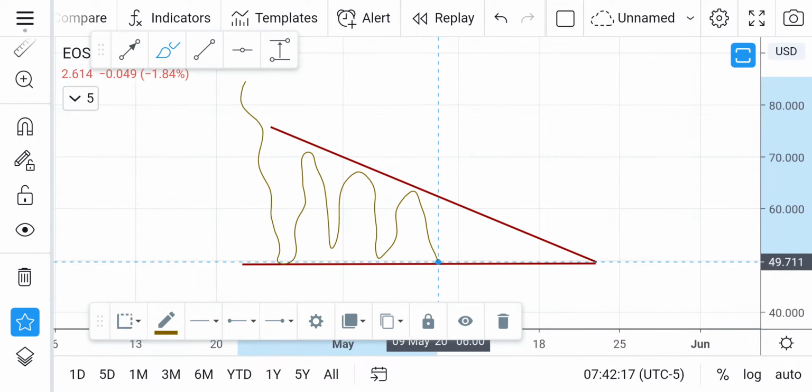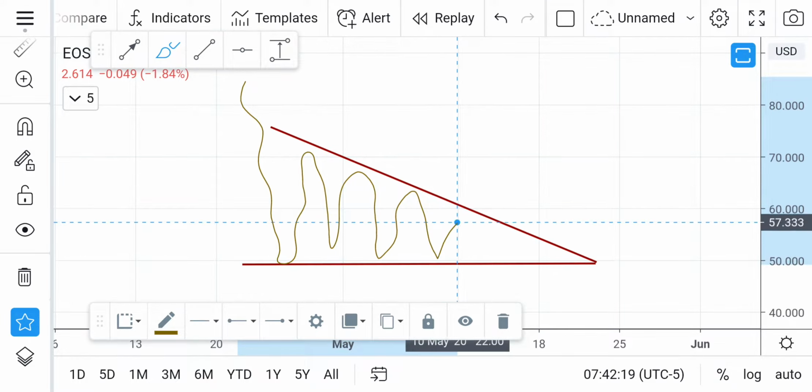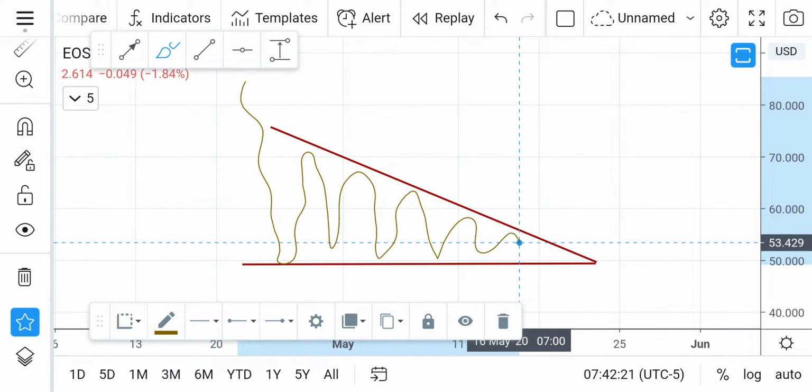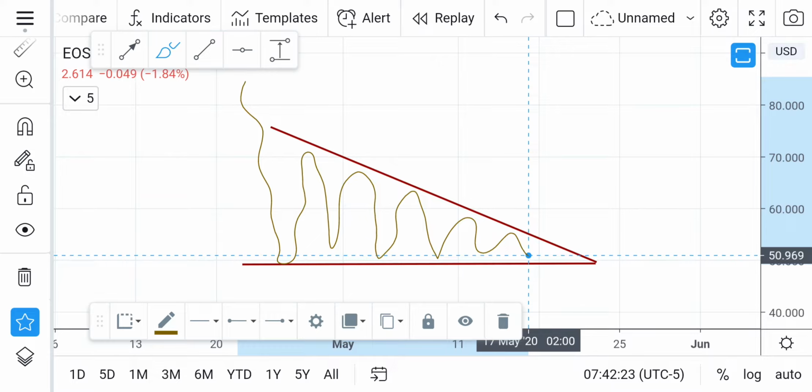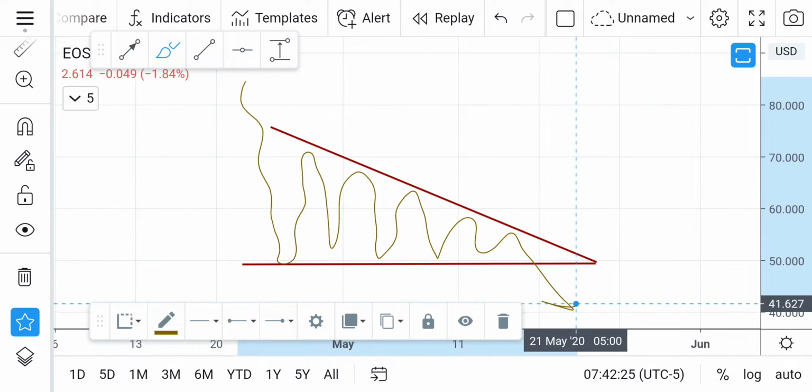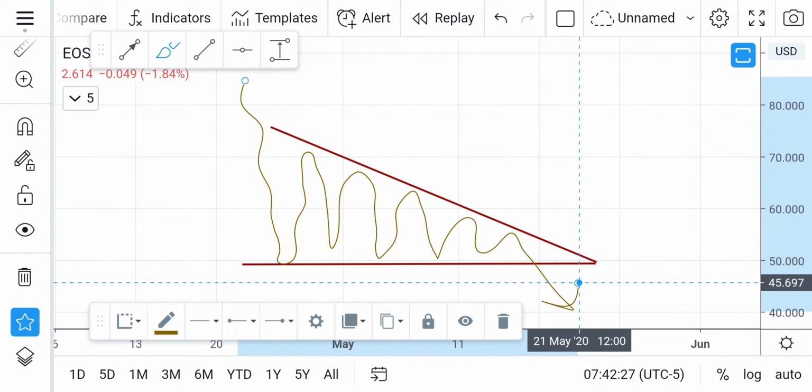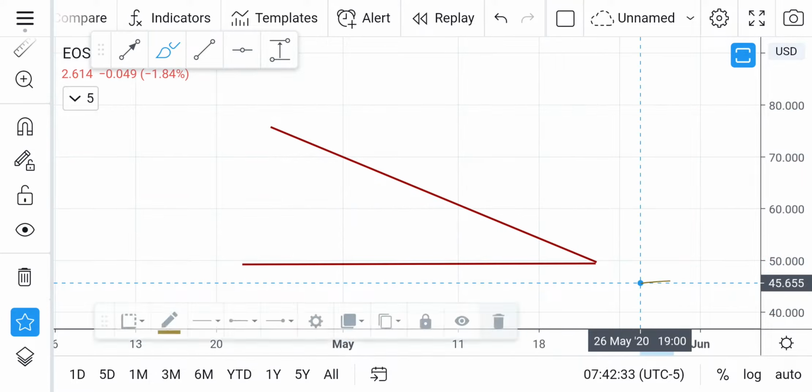You can see it's making lower high into support, bounce back, then because it's a downtrend, it's going to break down.